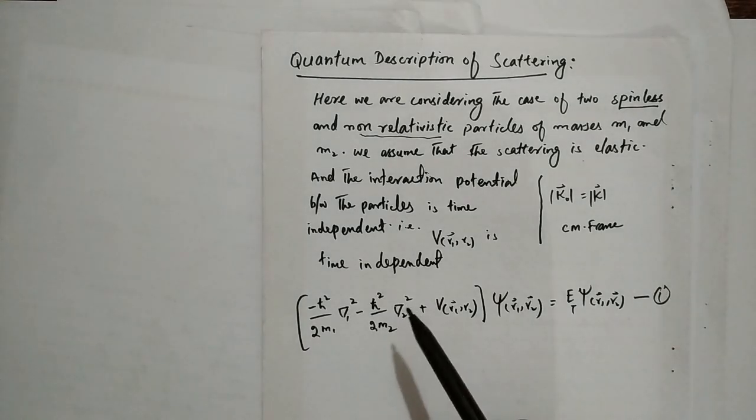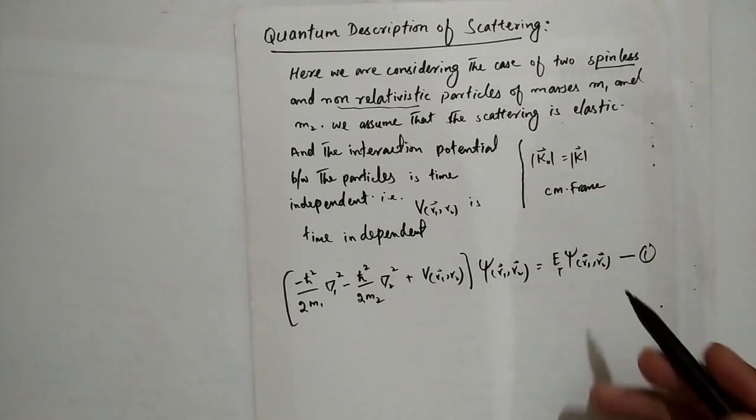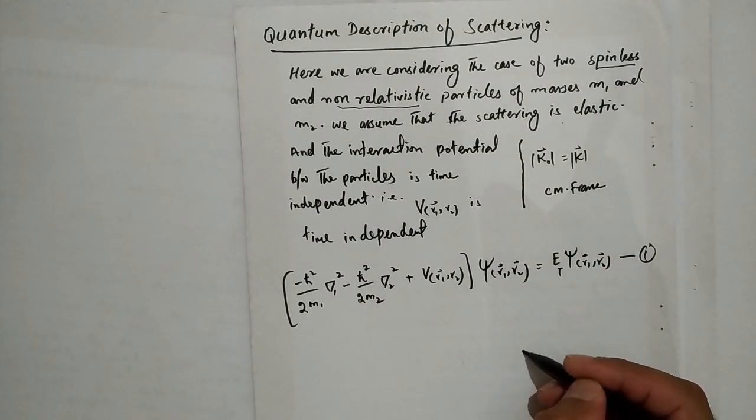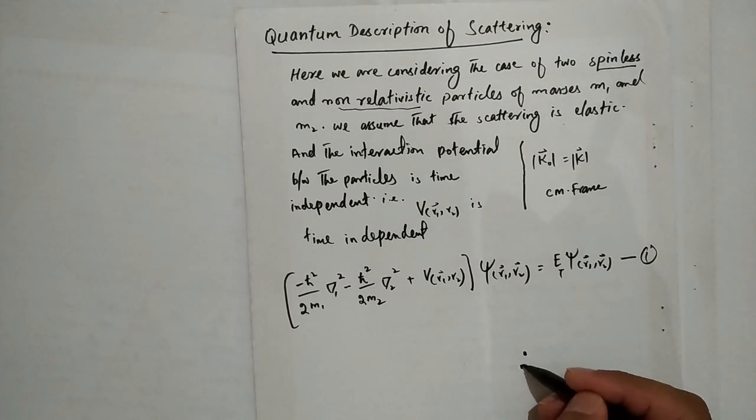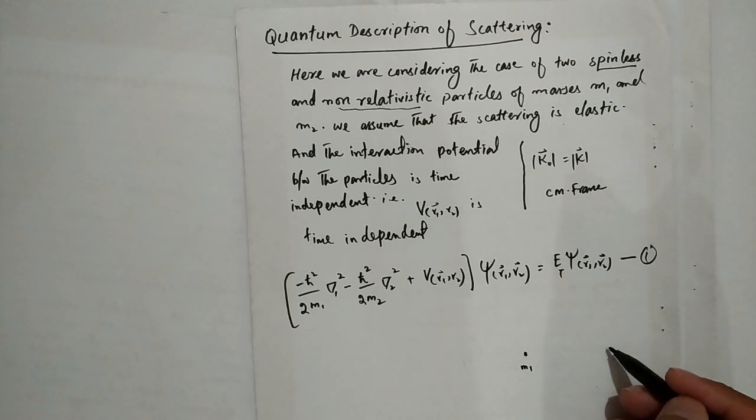Here, because we are considering the case of two particles, this is the incident particle, its mass is m1, and here we have a target particle whose mass is m2.